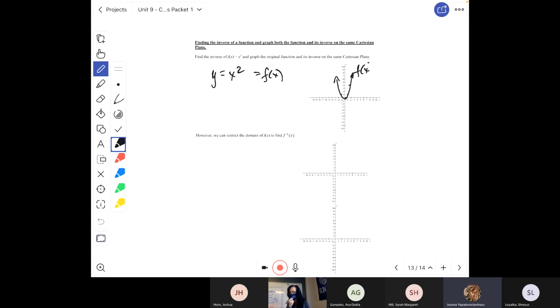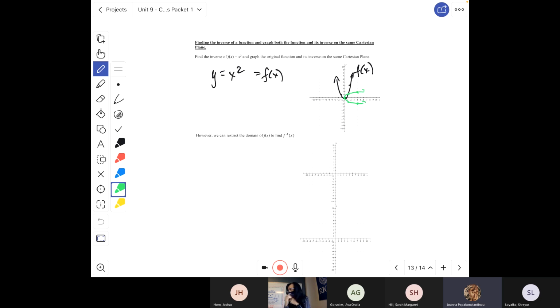And if I wanted to graph its inverse on the Cartesian plane, well, we said its inverse is not a function. So if I were to reflect that across y equals x, I'm going to get this, right? It's not a function.